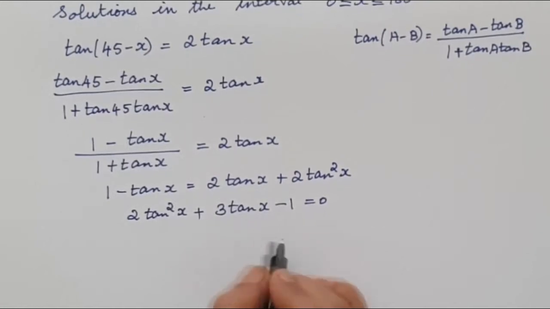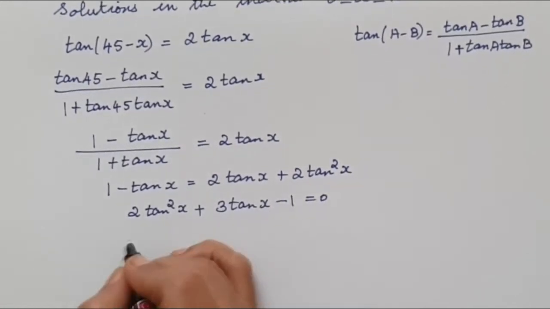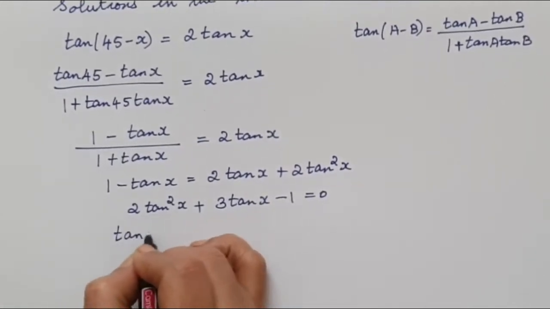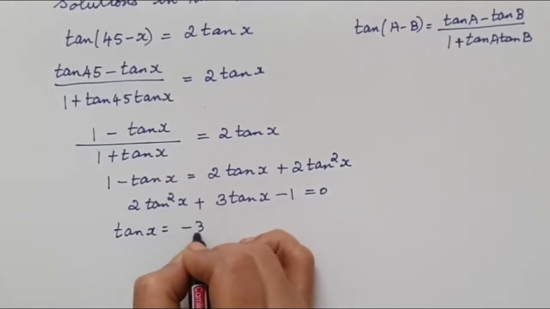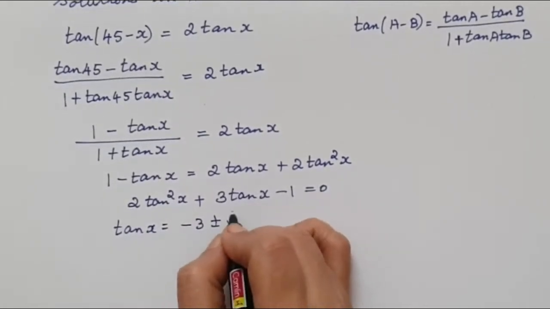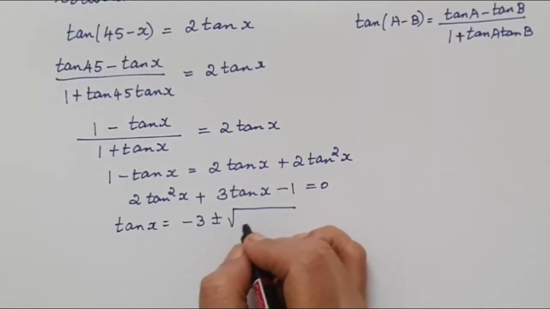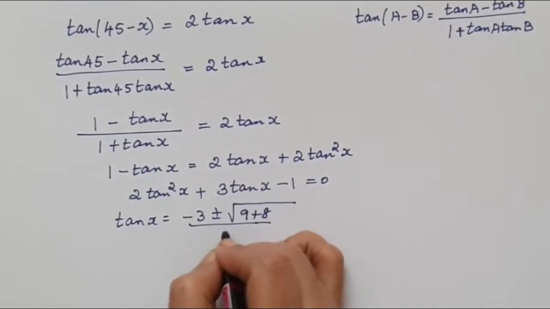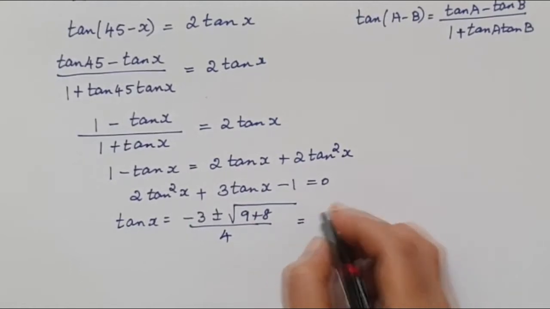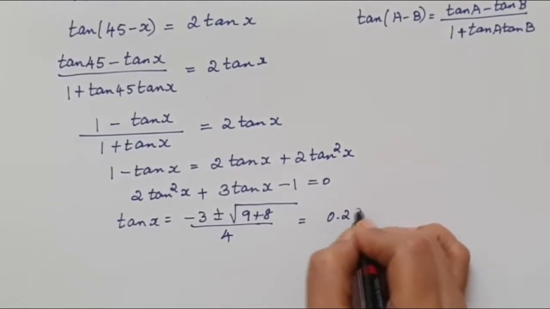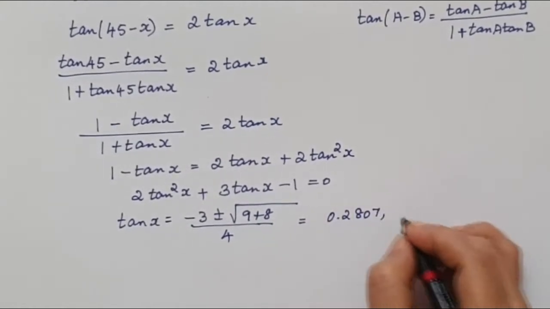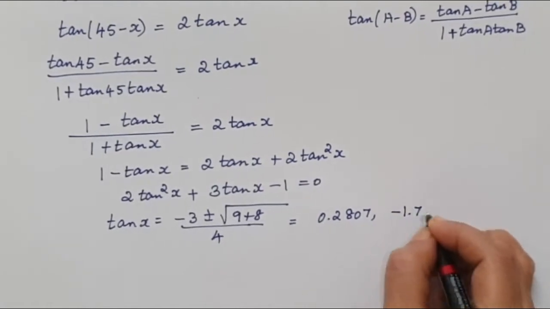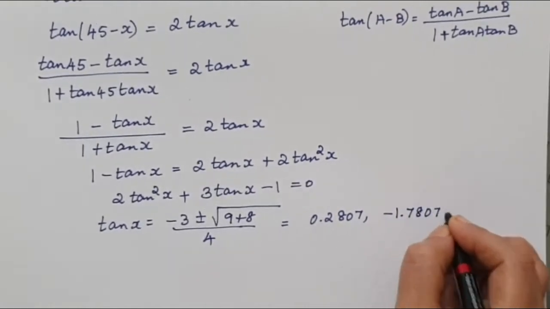plus 3 tan x minus 1 will be equal to 0. So we can just apply the quadratic formula because you cannot find the factors. So tan x will be equal to minus 3 plus or minus square root of 9 plus 8, divided by 4. So we get our answers as 0.2807 and minus 1.78077.